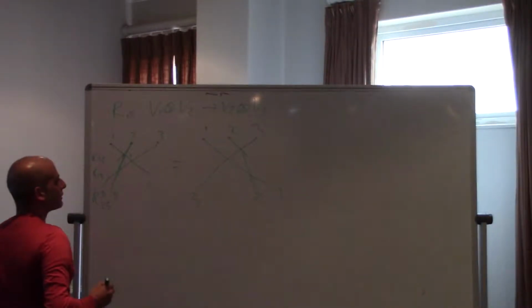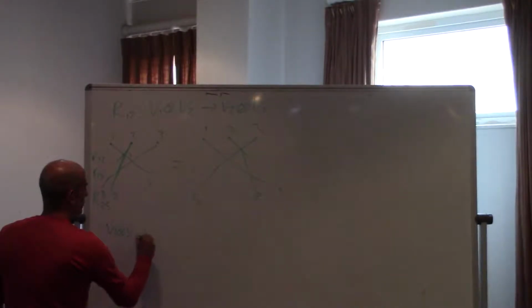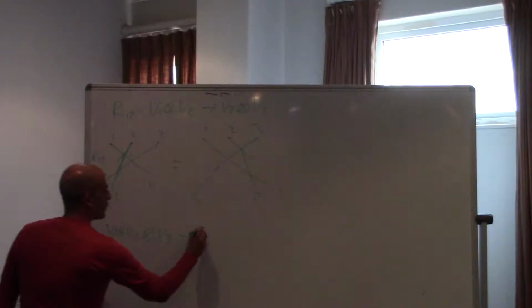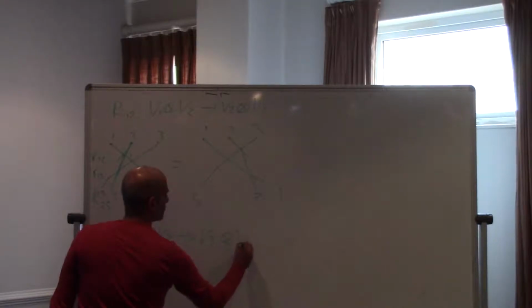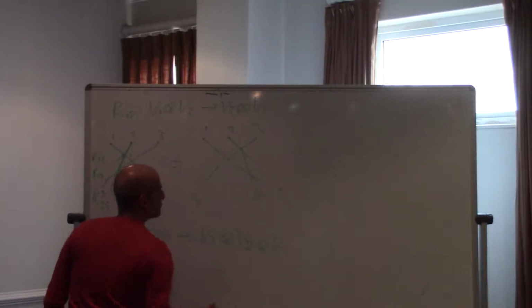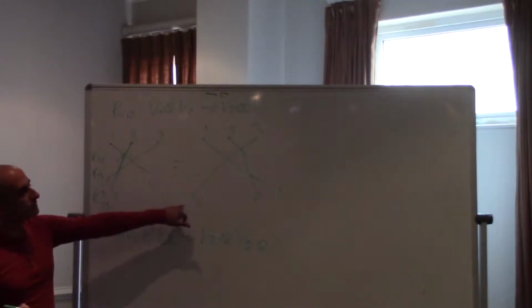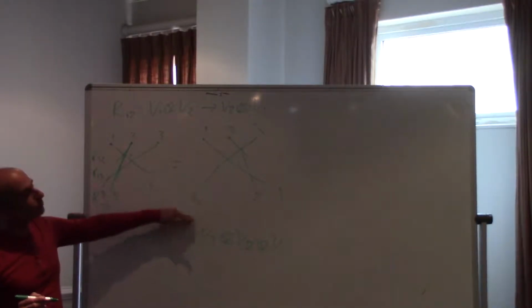So basically what this operator here does, this combination of R's, is take me from a copy of V1 times V2 times V3 to a copy of V3 times V2 times V1. Right? As you can see what happened here. I've changed 1 to 3 and 3 to 1. But it turns out that if that equation is satisfied, of course, it doesn't matter in which order we do it.